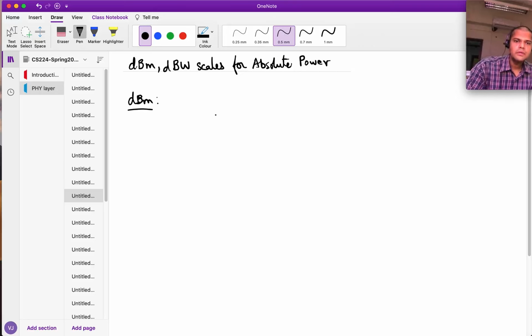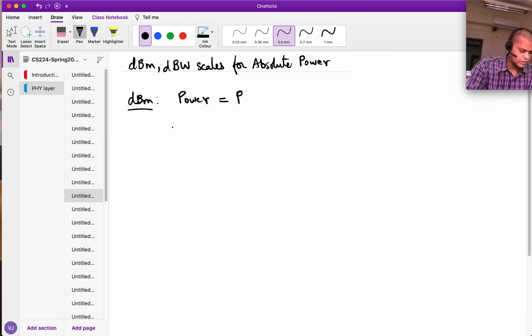So how do we define dBm? Let's say that the power, this could be the power that we are transmitting over a wire or over a wireless channel, is P. We don't want to write it in absolute units, because the range of values is too much.